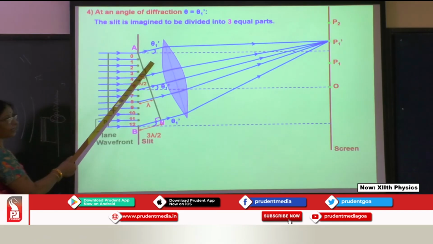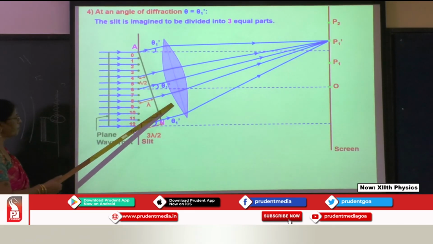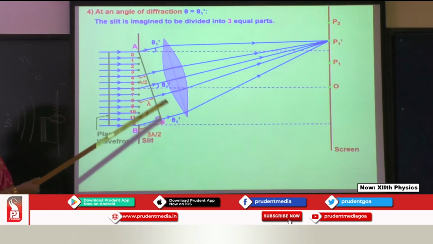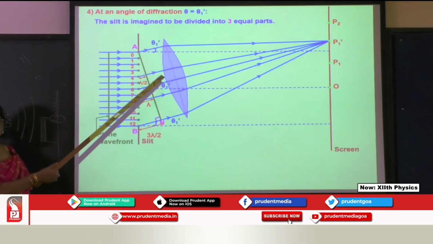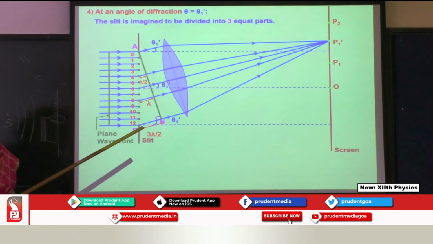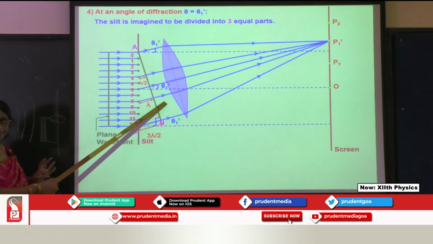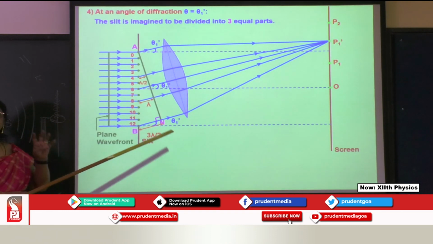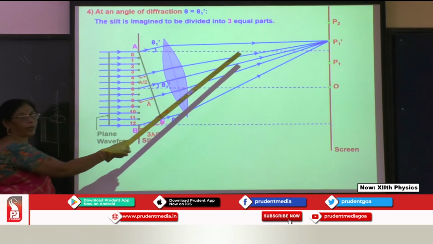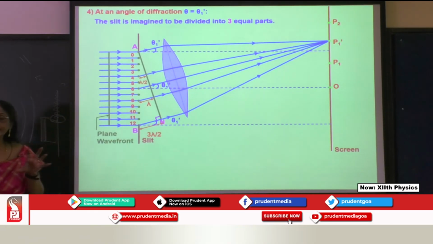the first one is crest, second one trough, third one crest. So the first 2 cancel each other, because 12 divided by 3 is 4. So 4 crests cancel 4 troughs in the second group, and the 4 crests in the third give rise to a bright spot. But what will be the intensity?